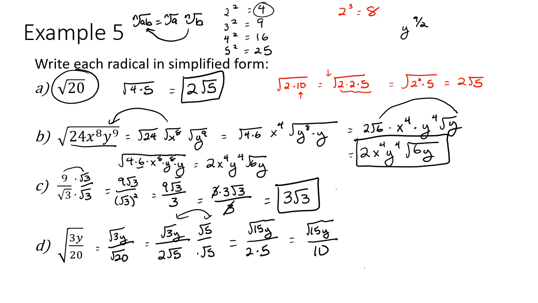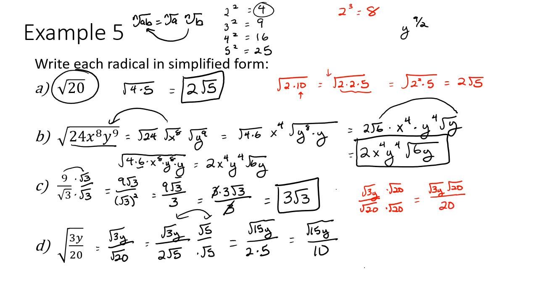Now, just to show you an alternate way to work that, if we had just left it as the square root of 20 in the denominator and rationalized it by multiplying both the top and bottom by that, I'm actually not going to multiply those square roots in the top together this time, for reasons you'll see in just a second.